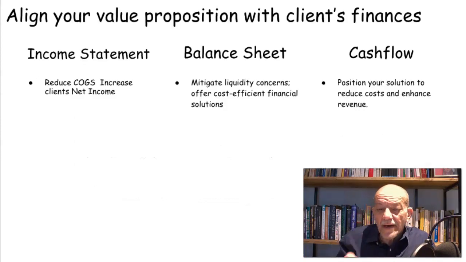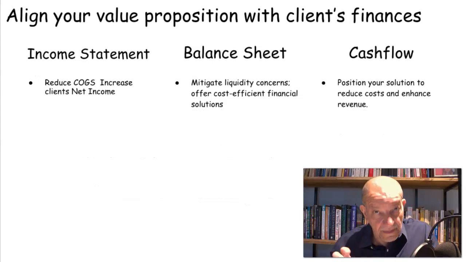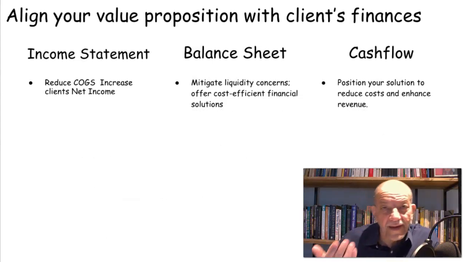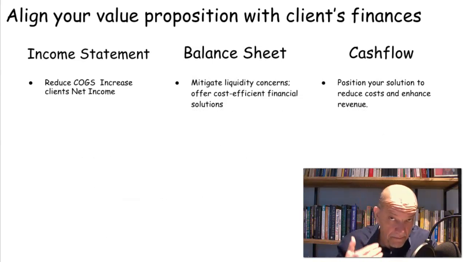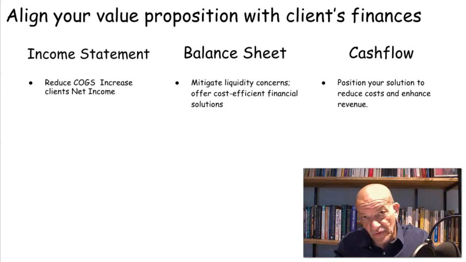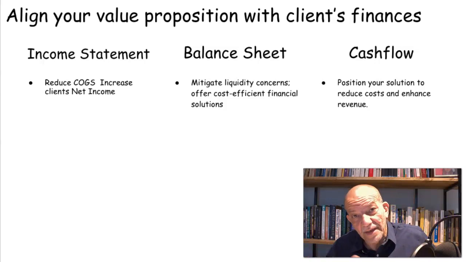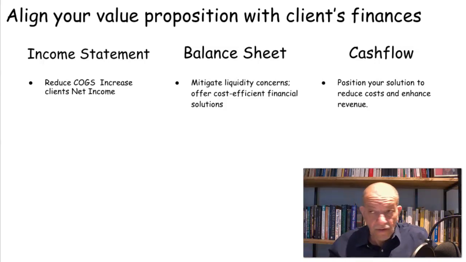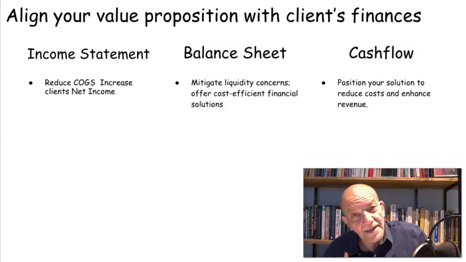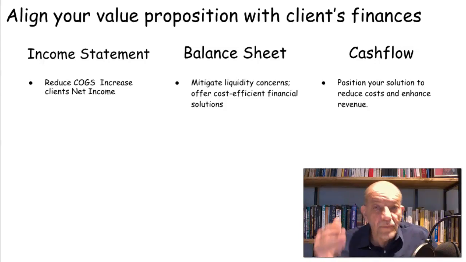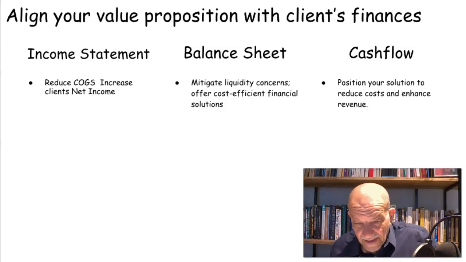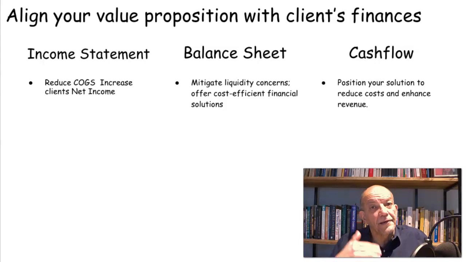So if you are addressing the income statement, you want to talk to your client and say, hey, Mr. Client, my product and service is going to help you reduce the cost of goods sold, and therefore you're going to have a better net income. So you have to elaborate that a little bit more. On the balance sheet, you can say, hey, Mr. Client, I can help you mitigate liquidity issues that you might have concerning because I have a cost-efficient financial solution that might accompany you.